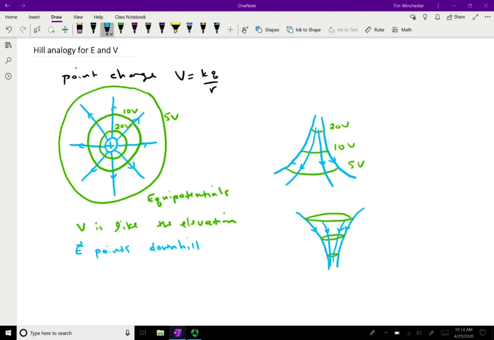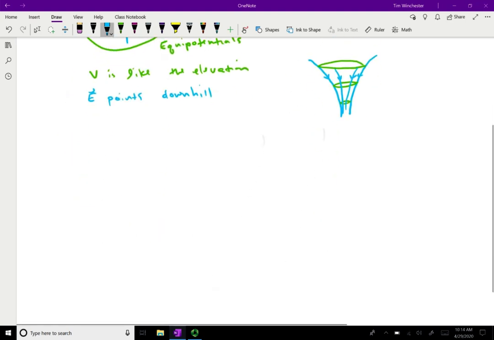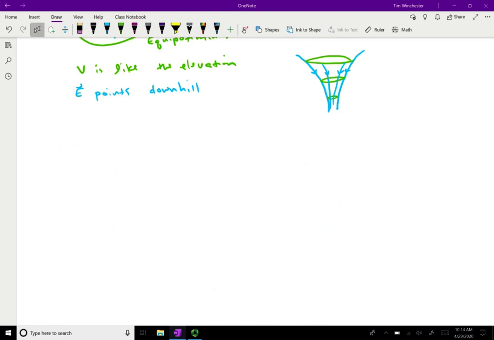It can be helpful to relate this to our experience with ordinary hills. So let me sketch out a hill like this. We're going to imagine that this is a real physical hill. And if you imagine that you are standing somewhere on this hill, there's you.